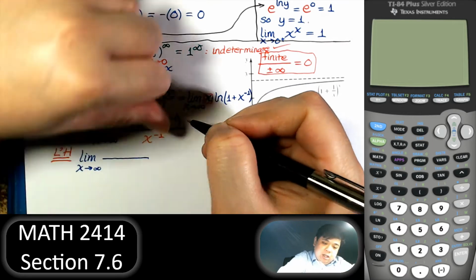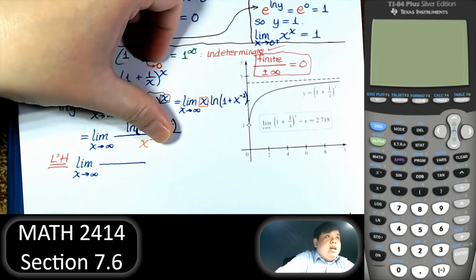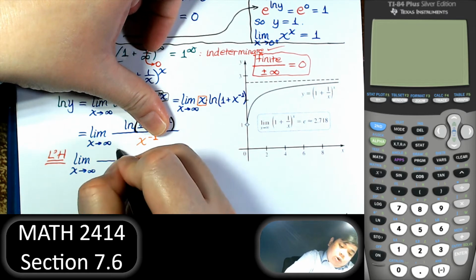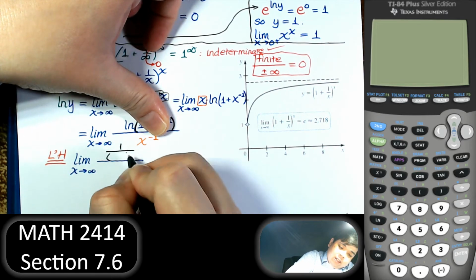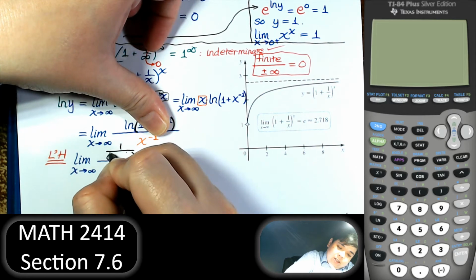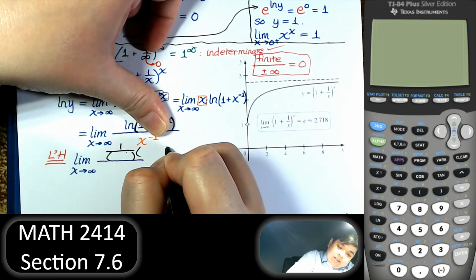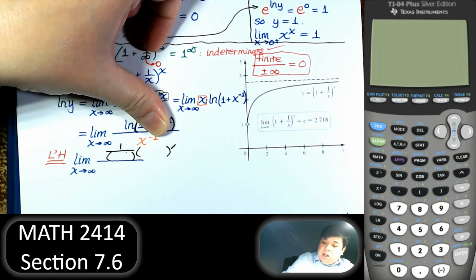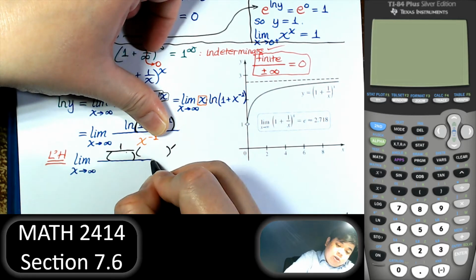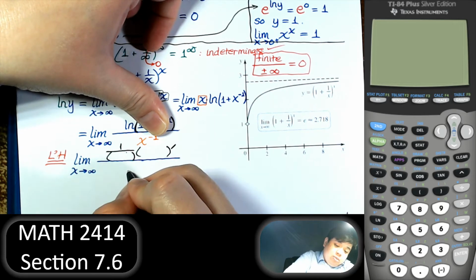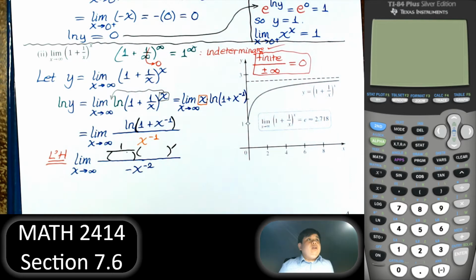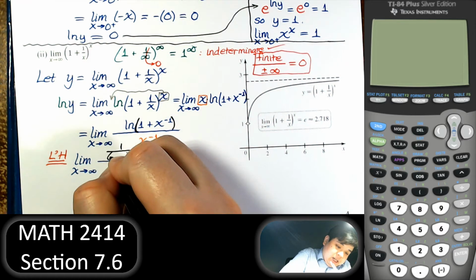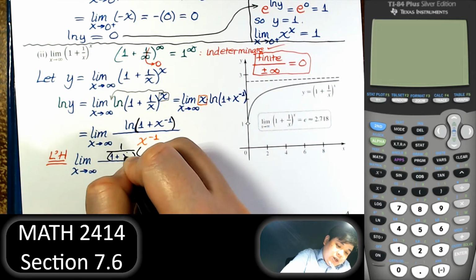Ln of something: the derivative of ln is the reciprocal function, so we're going to have 1 over something, and then the derivative of that, whatever is inside. The derivative of the bottom is easy, just the power rule: negative x to negative 2. The something in the parentheses is 1 plus x to negative 1.